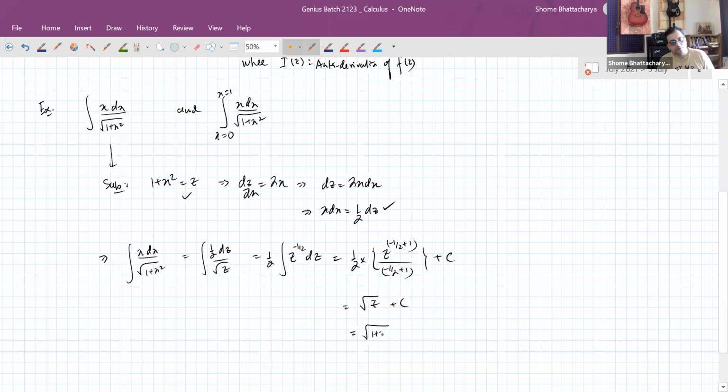So the integral of x upon square root of 1 plus x square is square root of 1 plus x square. Now on this only we have to put the limits for the second part.